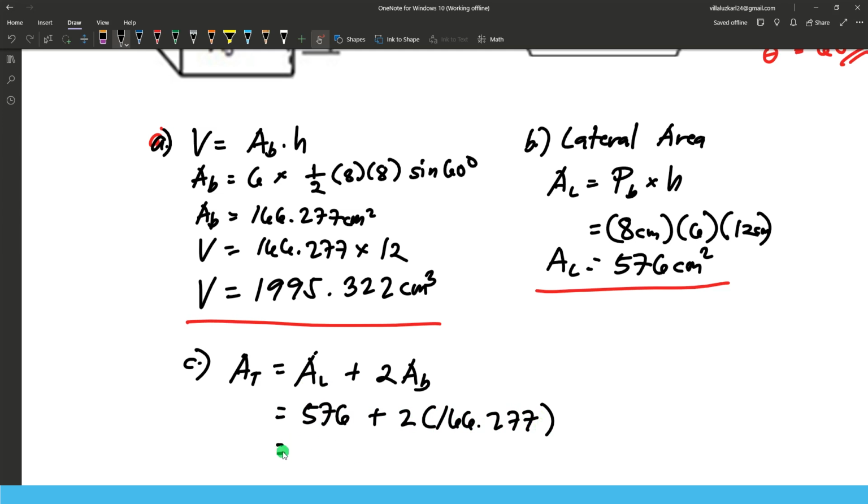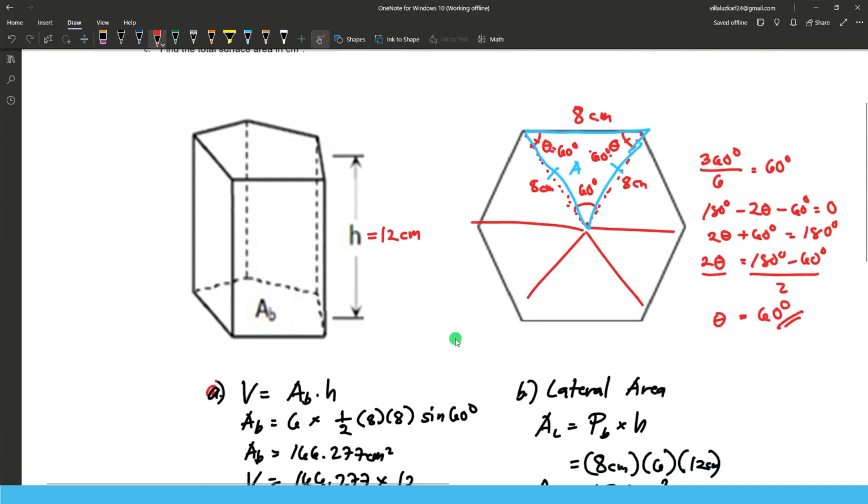The total area is equal to 908.554 square centimeters. So that's the total surface area of this hexagonal prism.